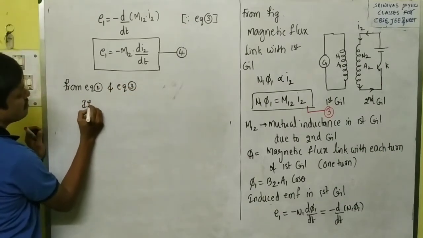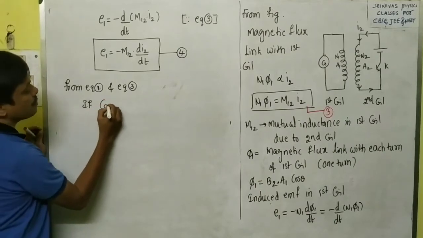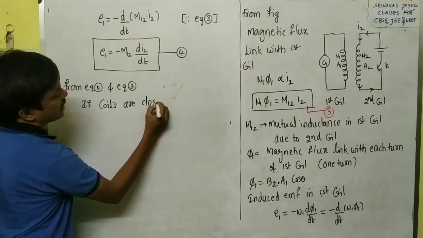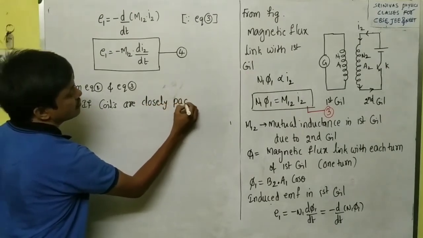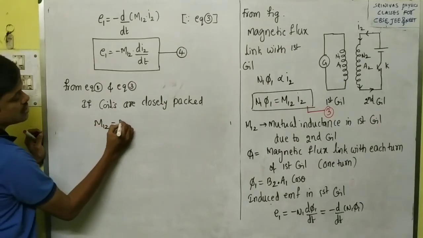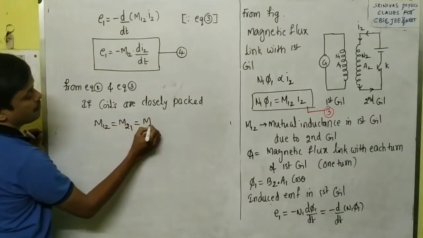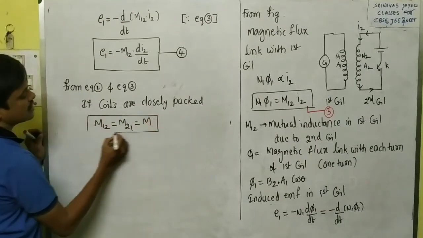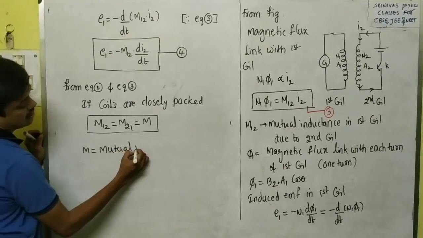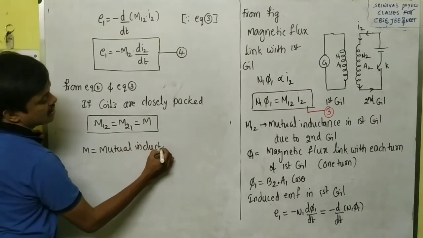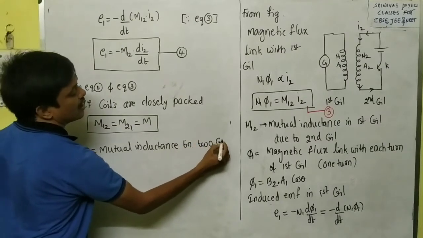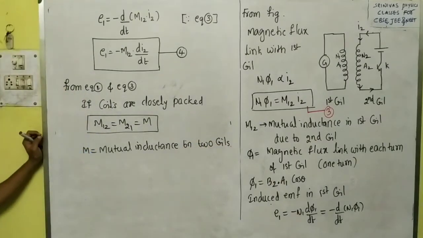If coils are closely packed, we can write M12 is equal to M21 is equal to M. This M is called mutual inductance between two coils.